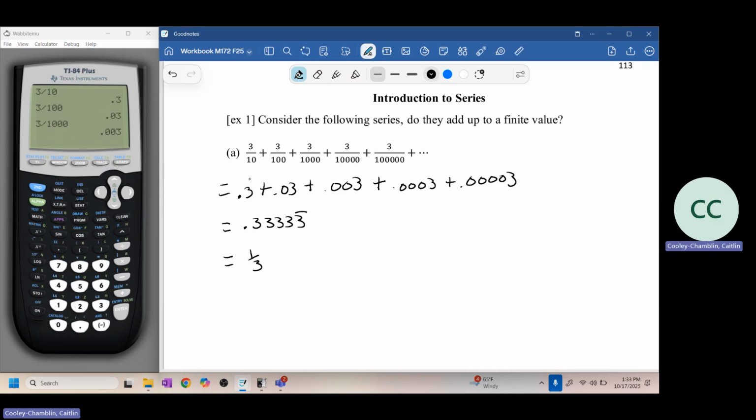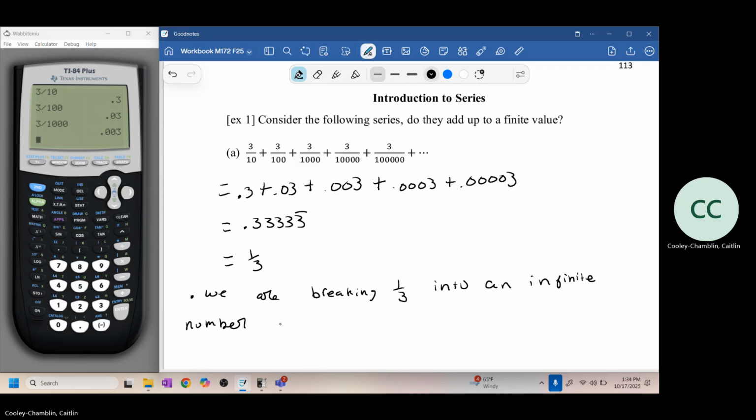So by summing these together, we are breaking 1/3 into an infinite number of subdivisions.